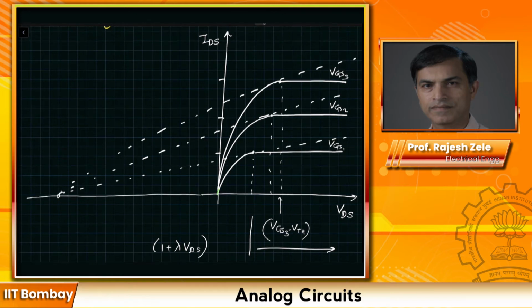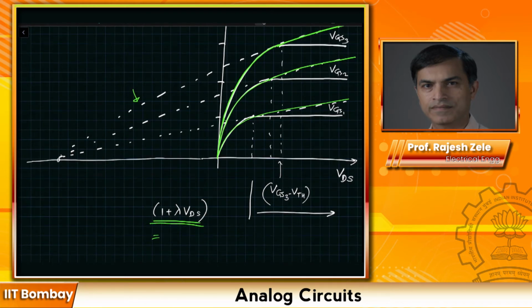So the actual transistor curve is going to look like this with channel length modulation effect. And the reason I have drawn these dotted lines is, if you hypothetically extend this line, which is telling you that this number will go to 0 when VDS is equal to minus 1 over lambda. Okay, so this would be your minus 1 over lambda.